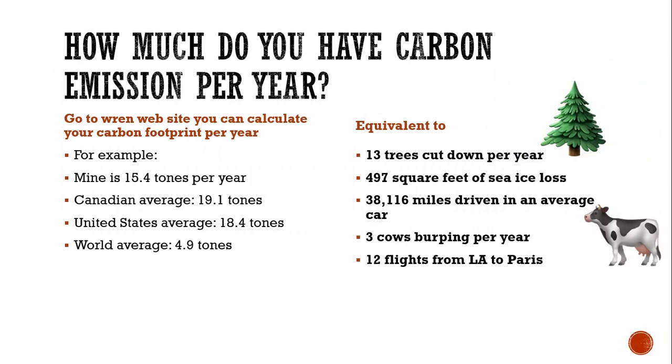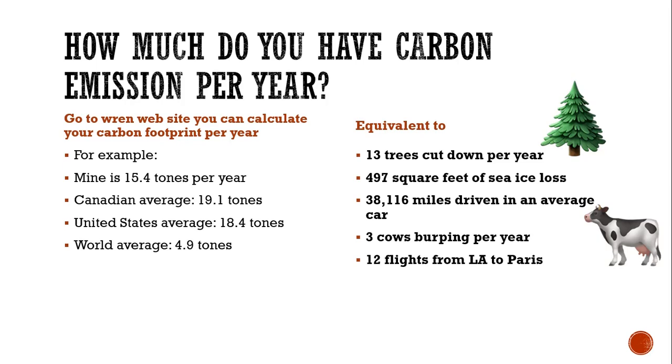So everyone living in the world is going to have carbon emissions. You can go to a website, for example, the RAN website, and check by yourself how much carbon dioxide you produce in a year for your activities, for your daily lives.